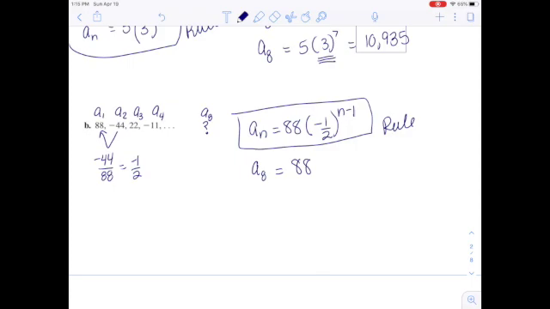So plug in 88 multiplied by negative 1/2 to the 8 minus 1. Simplify that down, you get negative 1/2 to the 7th, and that should give you negative 0.69.